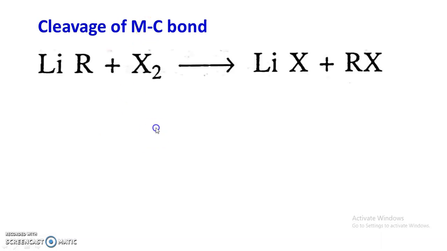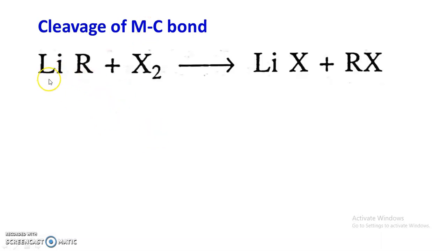Halogens generally cleave or break the metal-carbon bond in organometallic compounds, and the ease of this cleavage reaction depends upon the electropositive character of the element or metal.